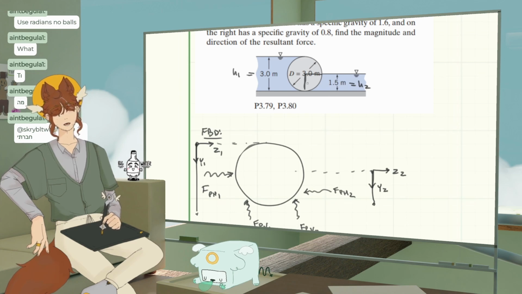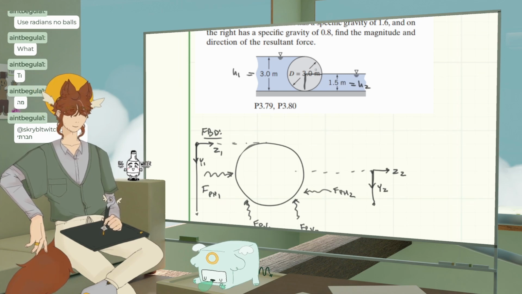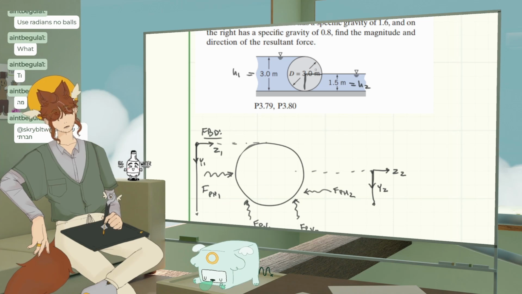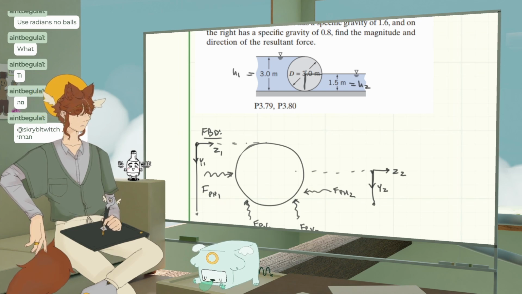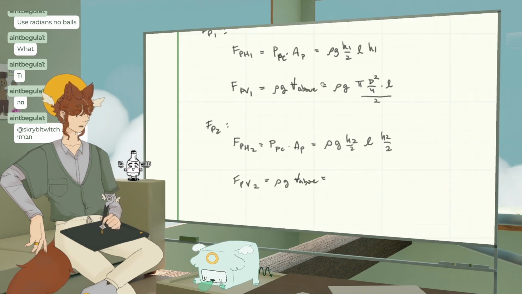Now, if H2 was larger or smaller, then we would say it's the quarter of the circle plus this, or the quarter of a circle minus this. But I'll just say it's the quarter of the circle. Pi d squared over 4 times L over 2.